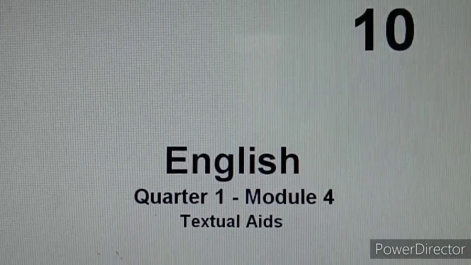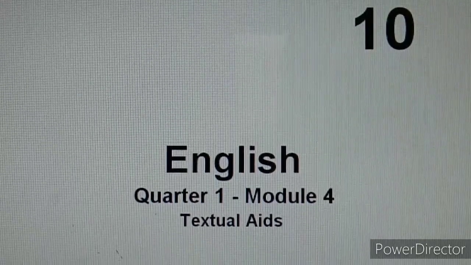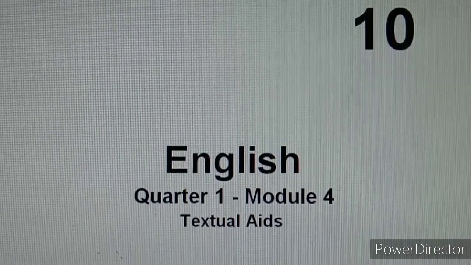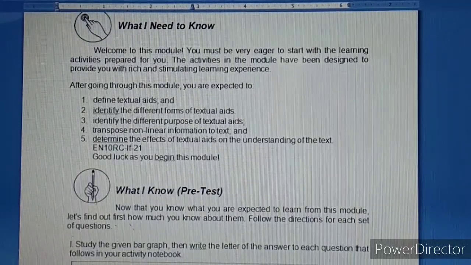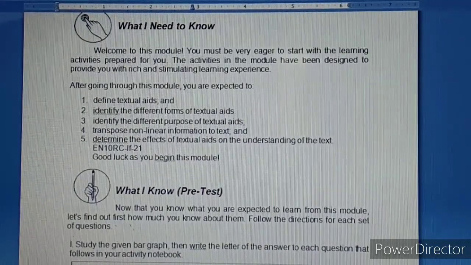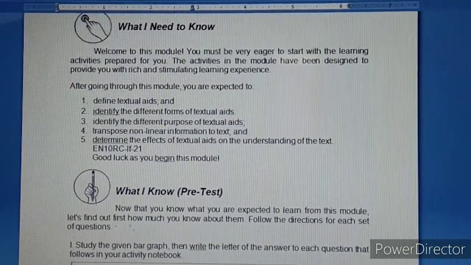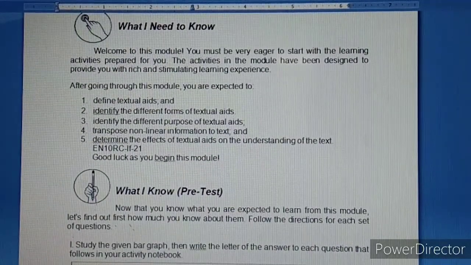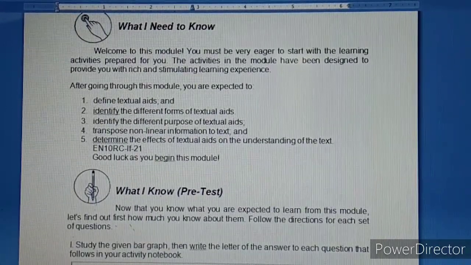And I would like to welcome you all to English 10 Quarter 1 Module 4, which is about textual aids. Welcome to this module. You must be very eager to start with the learning activities prepared for you. The activities in the module have been designed to provide you with rich and stimulating learning experiences.